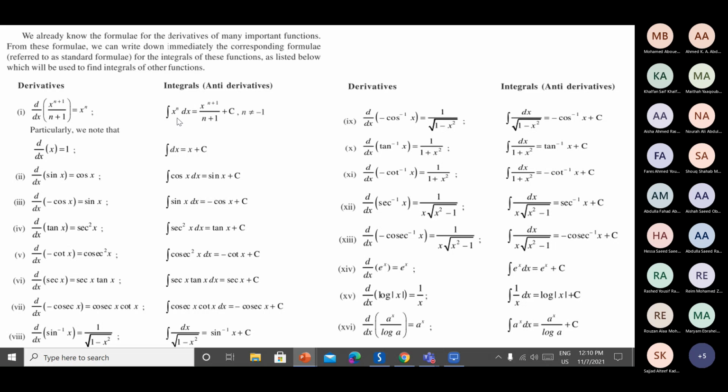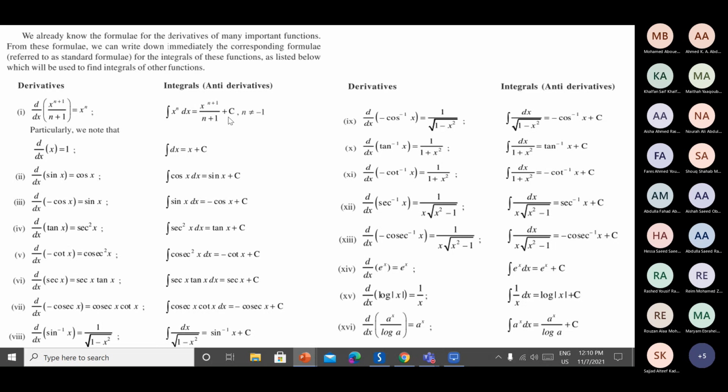So the opposite side of the derivative, or the inverse process of the derivative, is the integration. So if I am integrating x to the n, I will get the stuff in front of the derivative here. Okay, so how can you integrate x to the power n with respect to x?